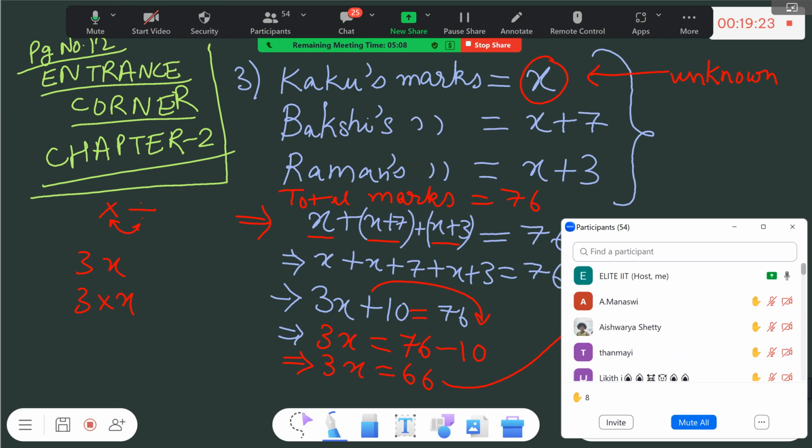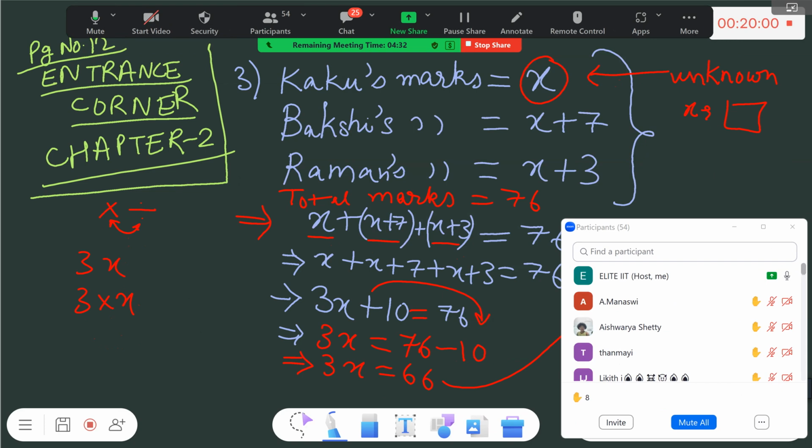Yeah, x can take any number. Basically, we have to find the value of x. Okay, Tanmay. So see, I told you Kaku's marks we do not know, isn't it? So that is why something which we do not know, we consider that as x here, where x can take any value.